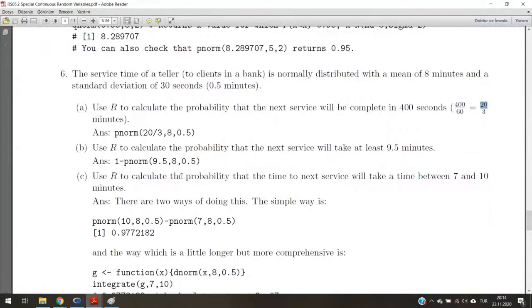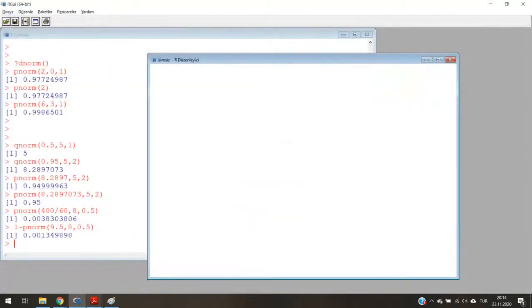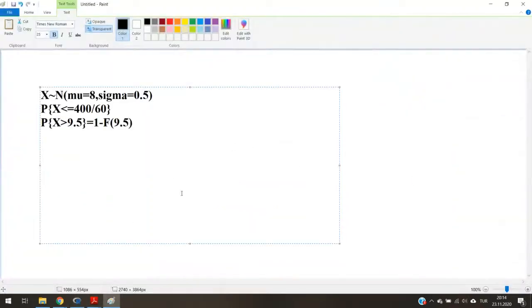Okay. And finally, what is the probability that the time to next service will take a time between 7 and 10 minutes? Now, this time the question is asking us the probability of the next service to be between 7 and 10 minutes.